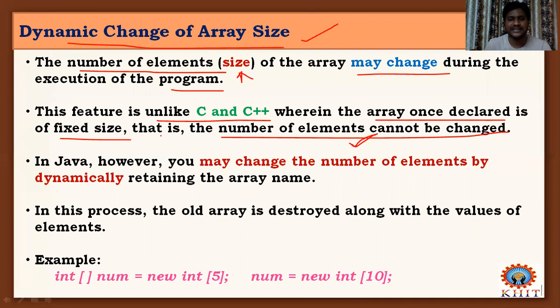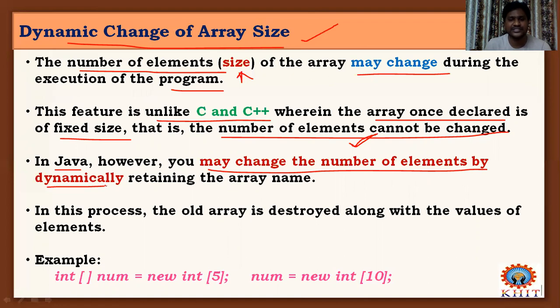It is static allocation in C and C++ with respect to the size of an array. But it is not the case in Java. In Java, you may change the number of elements dynamically, at runtime, at any time in your program.